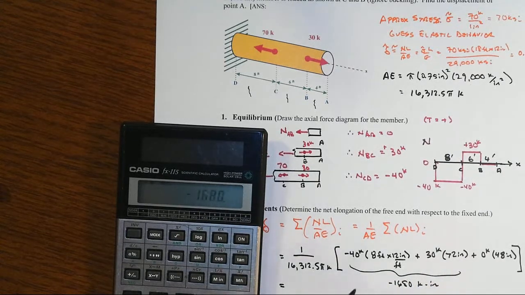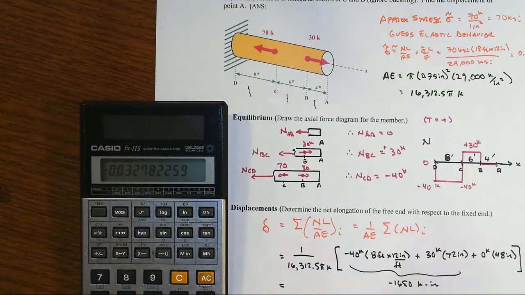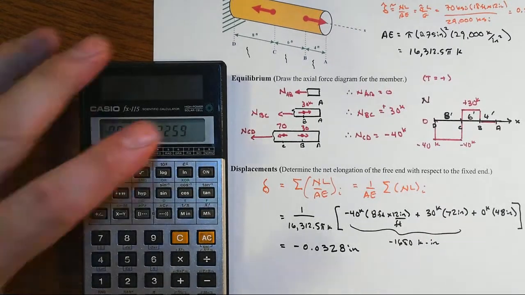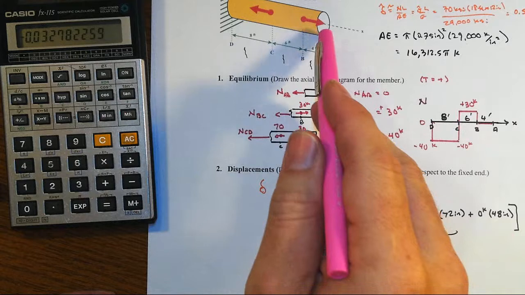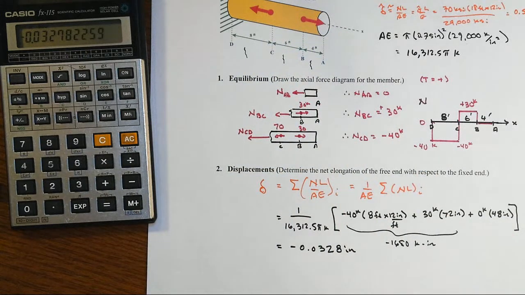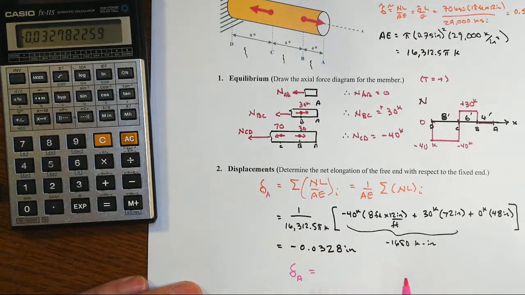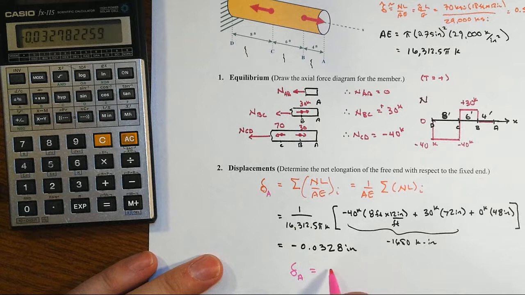That's going to get divided by our 16,312.5 and divided by pi, and we get a small number that's minus 0.0328 inches. Wow. So that minus sign is telling us that, hey, positive was tension. That would have meant A moved to the left, and so we have delta at A, that's really what we were calculating, is equal to 0.0328 inches to the left, which, hey, that could be kind of confusing.